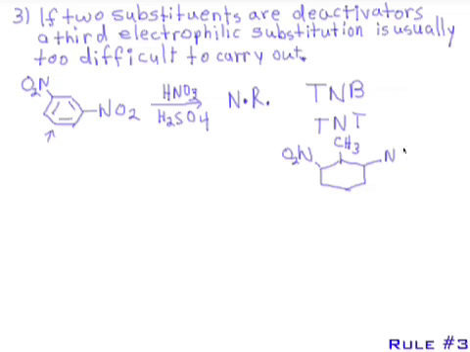So it's very difficult to make trinitrobenzene. You'd have to make it from some alternative route. And being that these molecules are explosive, it would be difficult to make. TNT, on the other hand, has the activating methyl group, which allows the placement of more deactivators on the ring. Okay, so 2 deactivators on the ring usually kill electrophilic substitution, making it too difficult for it to occur.